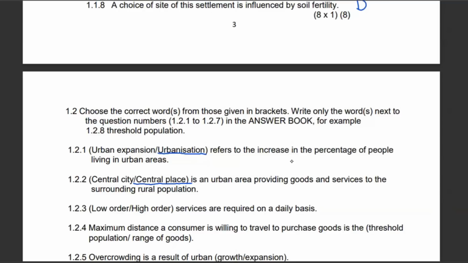If you check towns like Upington in South Africa, it is a typical example of a central place. It supplies basic goods and services to the surrounding farmlands around the area. That is a central place.